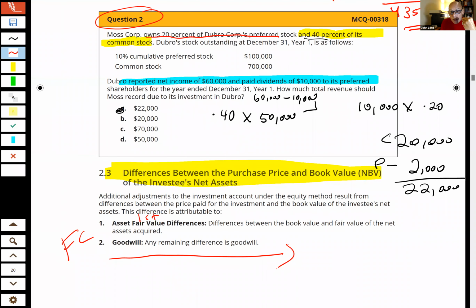You just simply paid more than the fair value of the assets. That difference is goodwill, but that goodwill does not get reported anywhere on the financial statements of the investor or the investee until such time that we move past the 50% and we consolidate, then we will start reporting goodwill.